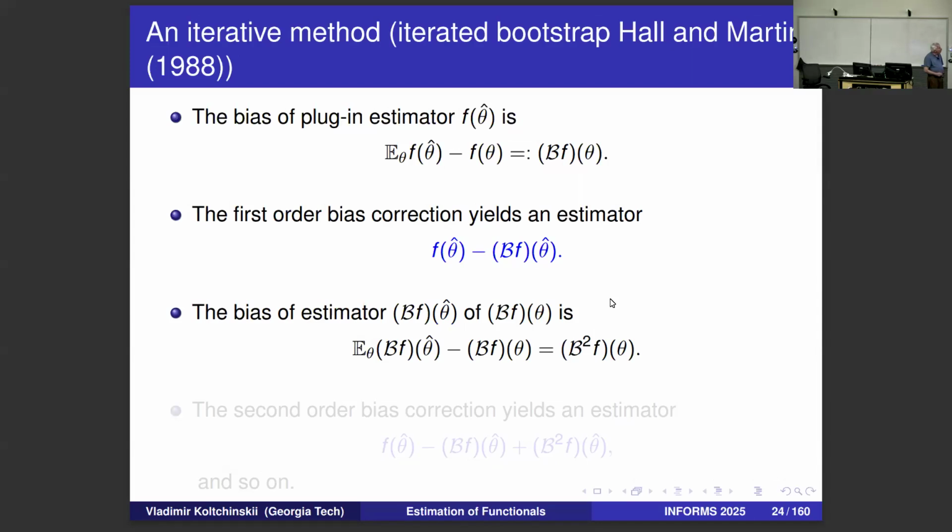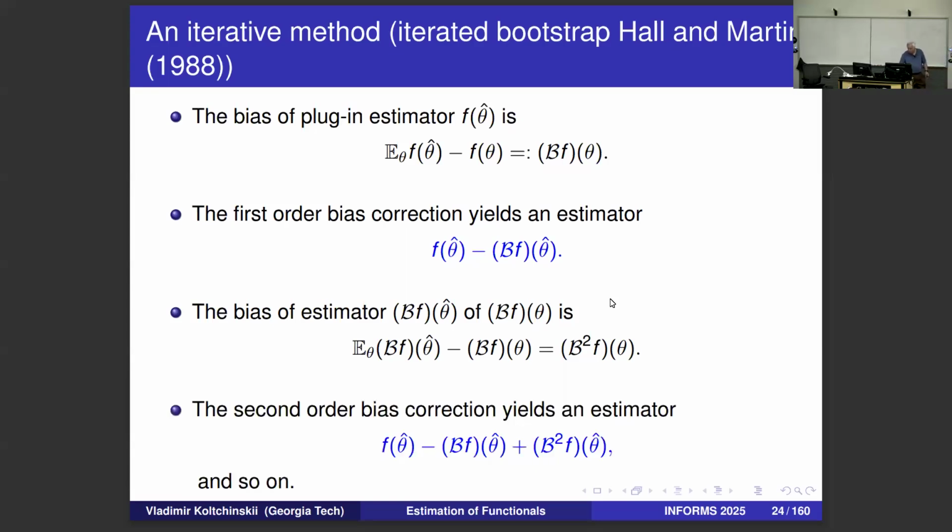And its bias will be basically the square of this operator B applied to function F. And then you might want to do second order bias correction, and add this B square f of theta hat, and so on. You might need to do it several times in order to eliminate bias.